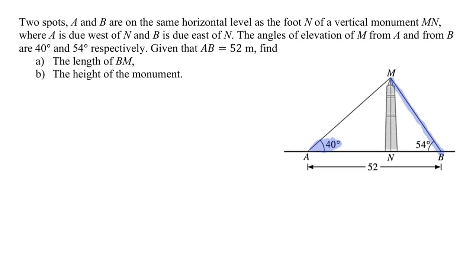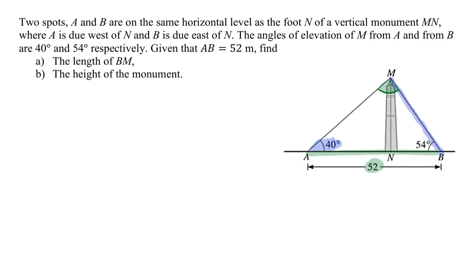For this particular question, I'm going to highlight these two lines and this angle here, because then I can tap on our knowledge of sine rule to help us solve this problem.